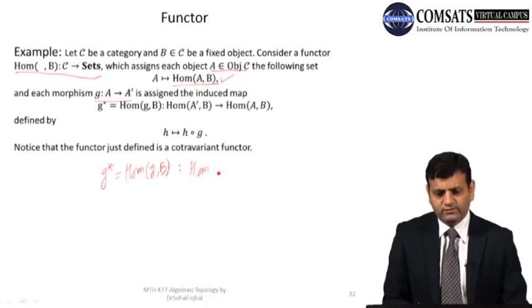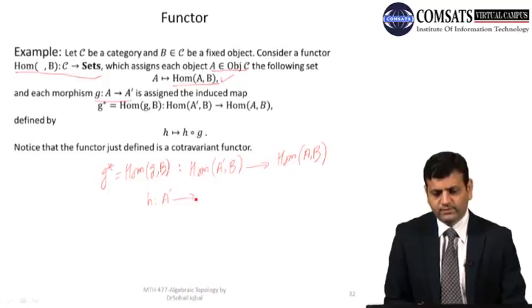It will give me a function from Hom(A prime, B) to Hom(A, B). So if I have, for example, a function H from A prime to B, then this image G upper star will give me a function from A to B. What is this G?